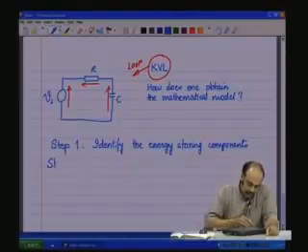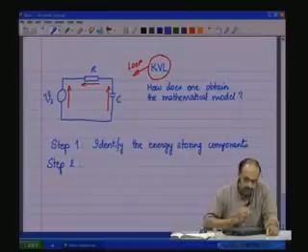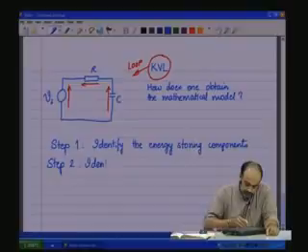Step 2 would be to identify the state variable.